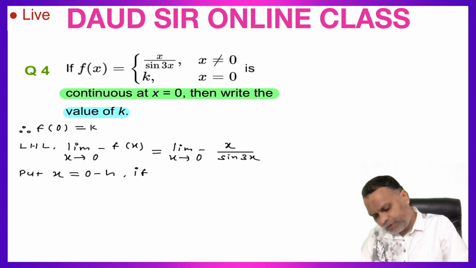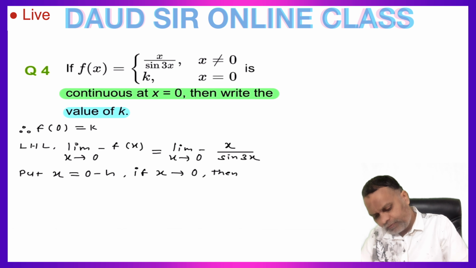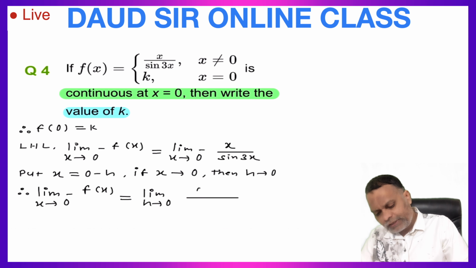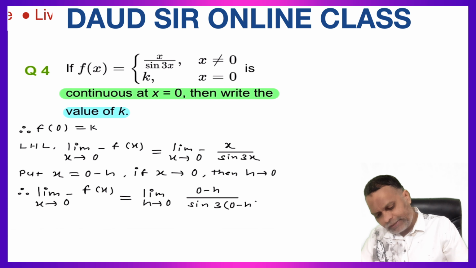If x tends to 0 then h tends to 0. Therefore left hand limit will become limit x tends to 0 minus f of x is equal to limit h tends to 0, (0 minus h) upon sine 3 into (0 minus h).